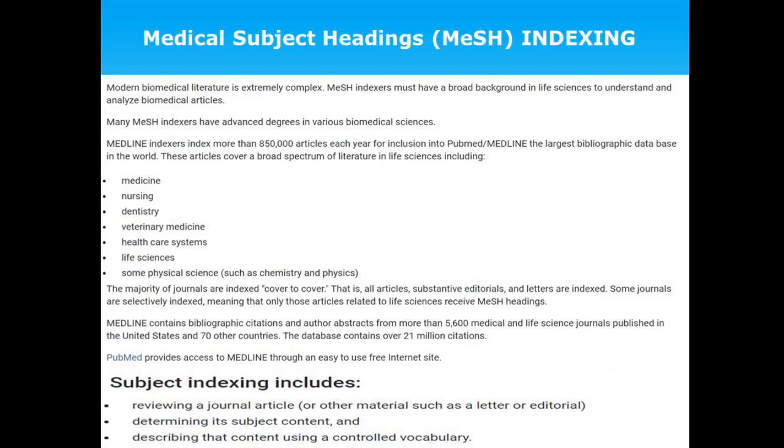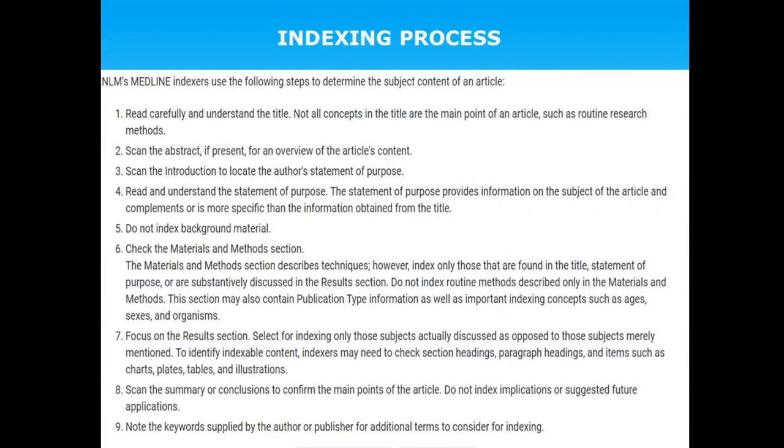They are a predefined set of keywords or headings that have certain descriptors according to their usage, right? We will see that in the forthcoming slides. So this is the indexing process, the steps followed by the indexer.